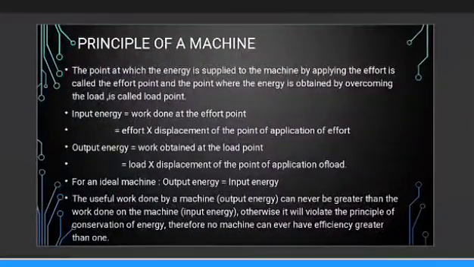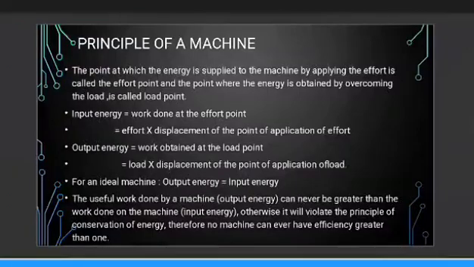Principle of machine, again to summarize, for ideal machine, output energy is equal to input energy. Input is the effort which you have given. So in short I can say it is E into DE, means effort into displacement of effort arm, and output is load into displacement of load arm.